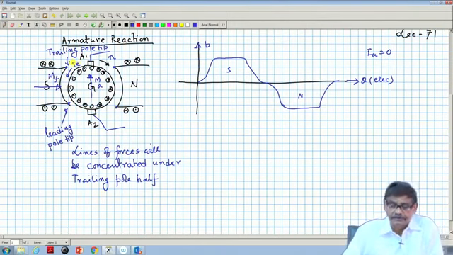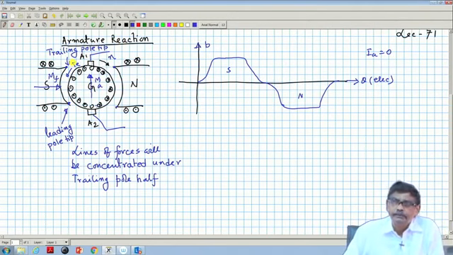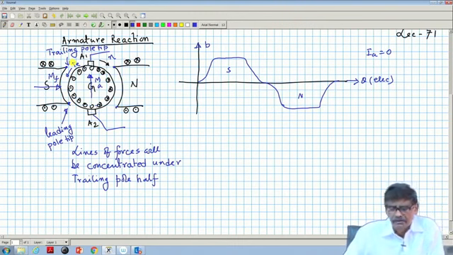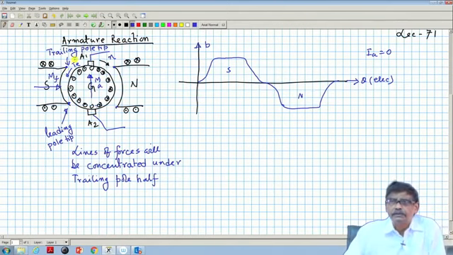These things we discussed. Therefore, it looks like the flux per pole will remain the same, as I told you, because the increase in one half will be compensated by the decrease in the other half. Flux per pole remains the same, and whatever formula we derived for the induced voltage really remains intact. But because of saturation, the increase in one half will be slightly lesser than the decrease in the other half.